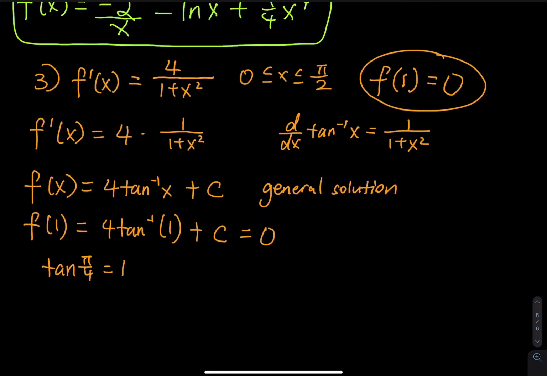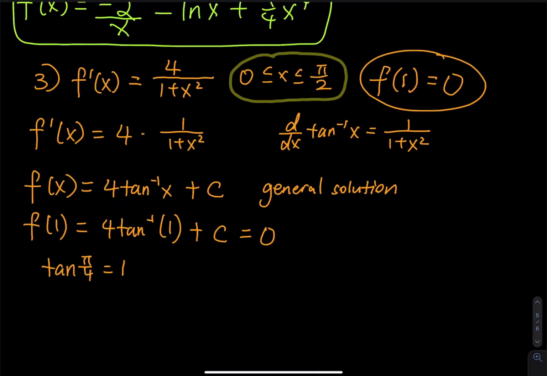Why do I use pi over 4? Because other than pi over 4, there is another point in quadrant 3 that gives you a 1 as well. So that's why they gave me a domain for x. They want x to be between 0 and pi over 2. So when you look at your unit circle, we want quadrant 1 only, x between 0 and 90 degrees.